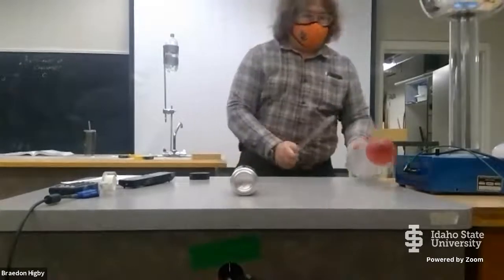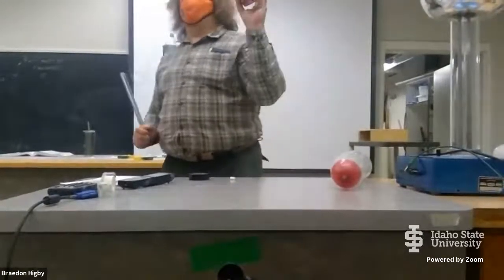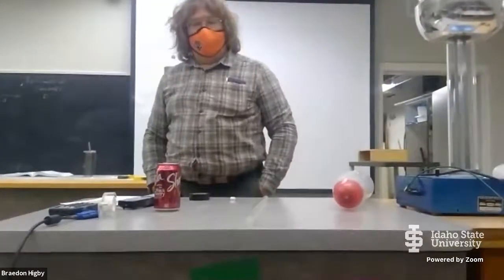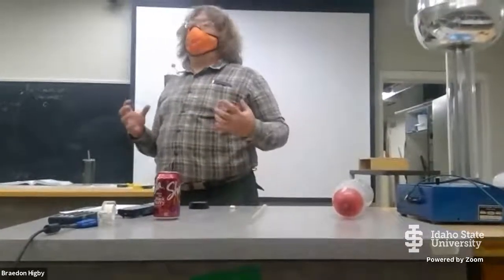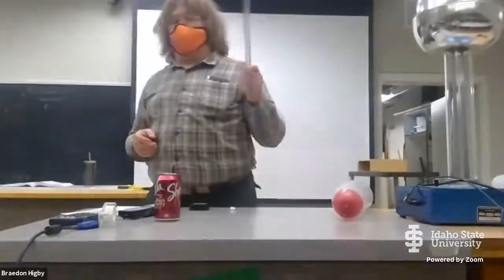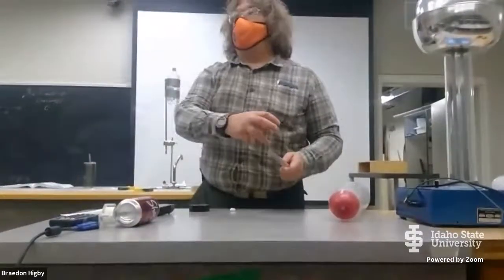And this is metal. Charge is free to move. It's a conductor. So try to imagine how something would behave if the charges inside it could move around. When we bring the positive charged rod nearby, electrons in this pop can are going to be pulled towards it.